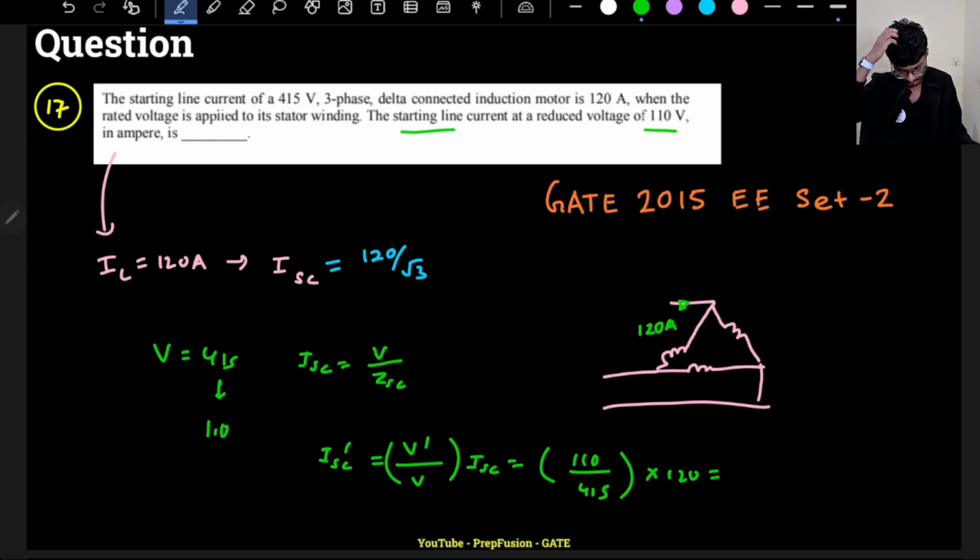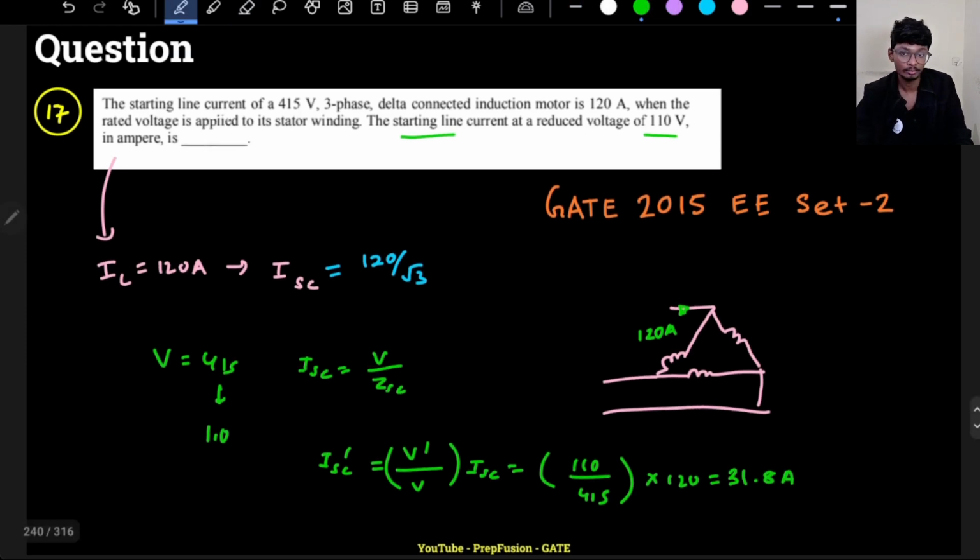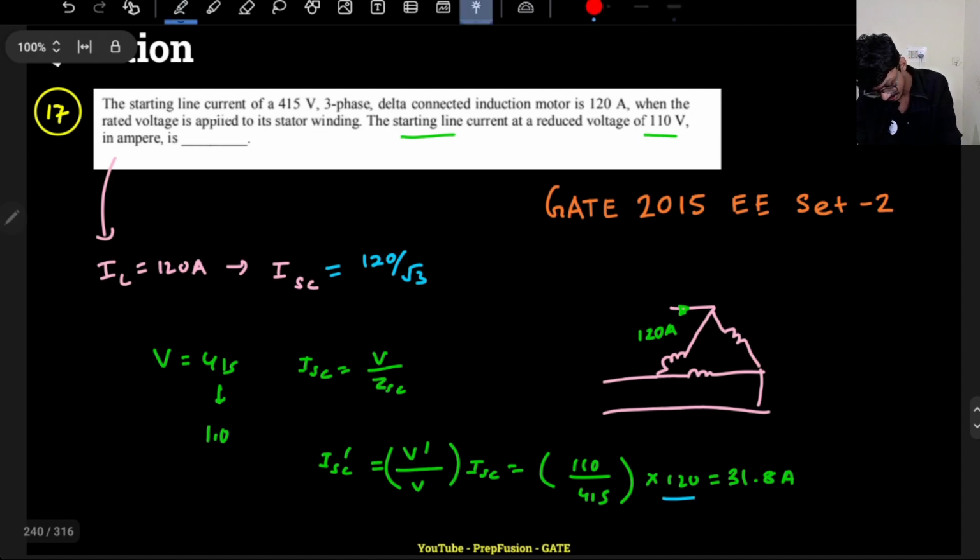So what is the current here? This will be 110 divided by 415 into 120, so 31.8 amperes. Remember, it is not 120 but 120 divided by root 3, this is the phase current.